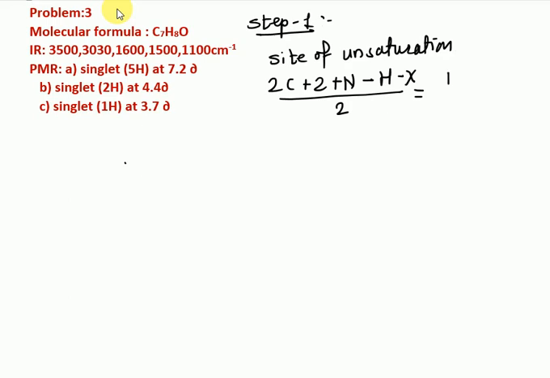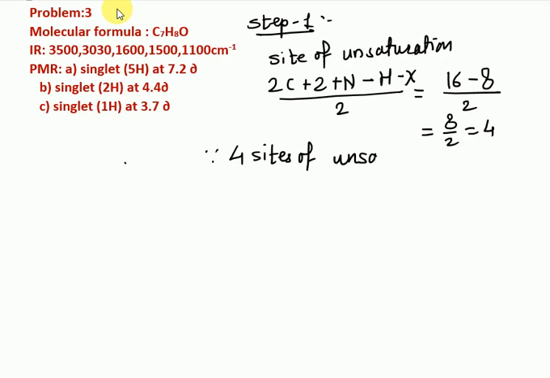So 16 minus, here there are total 8 hydrogens, no halogen, upon 2. So 16 minus 8 upon 2, that is 4 sites of unsaturation. There may be the presence of a benzene ring.